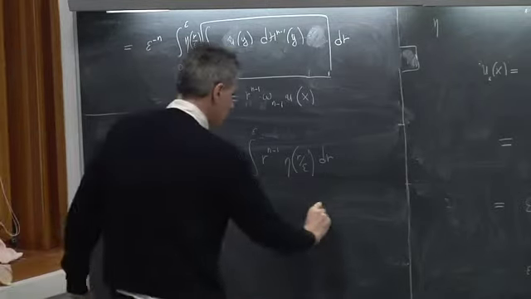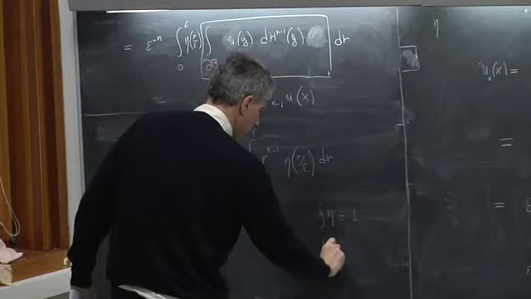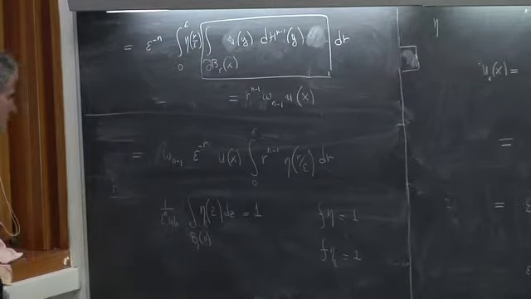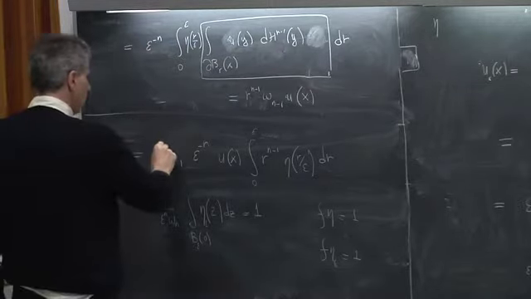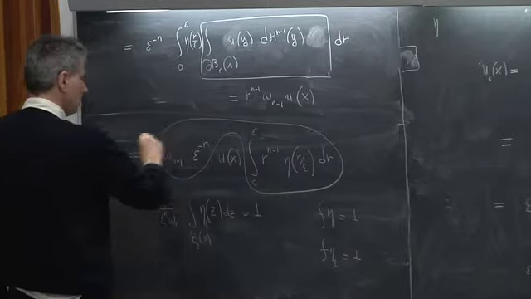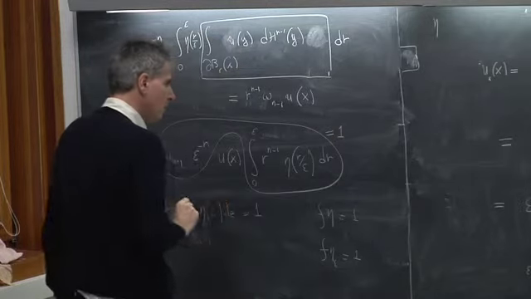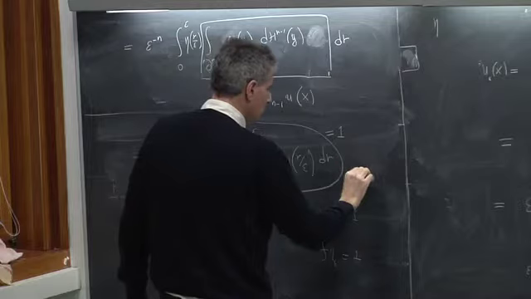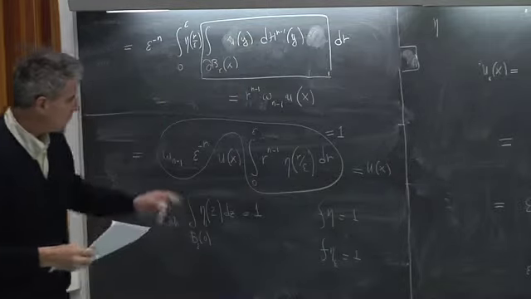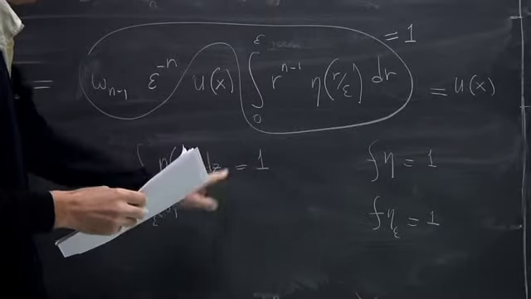Remember, we always have eta integrating to 1, and also this. So I claim that this actually is equal to 1. Check this at home. If this is true, then this is equal to u of x. And this is true by our normalization properties.